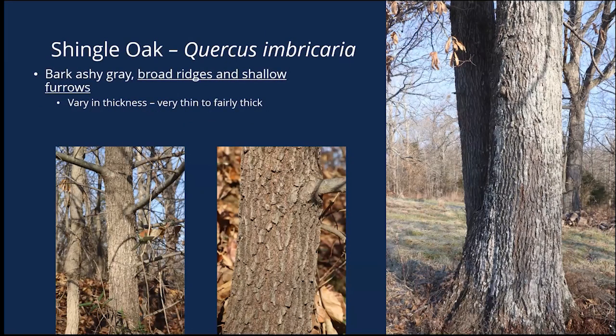It tends to be a little thicker and a little bit more broken apart. So you have broad ridges, shallow furrows like pin oak, but it tends to be a little bit thicker. It can be somewhat variable, but you still look for somewhat of a shallow bark for this one, dark gray in color, a little more variable as well.